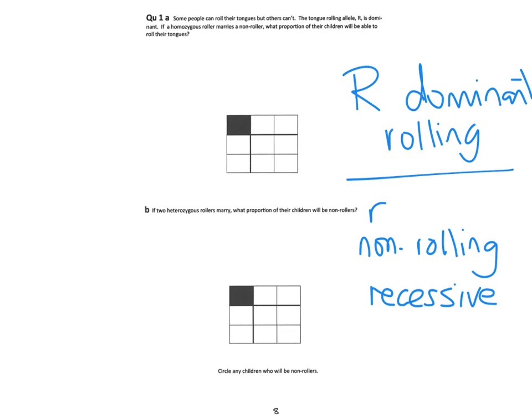So they can both roll their tongue, but they're heterozygous. So you have to work out what that is. Do the cross, do the Punnett square, and work out the ratio again. Follow the instructions. Okay, see how you get on. So you try that. Do it in pencil, because if you make any mistakes then it's quite easy to rub them out and do your corrections.